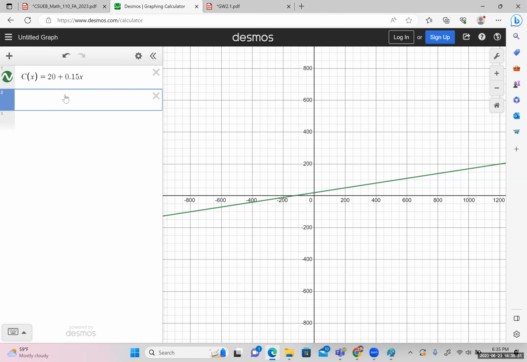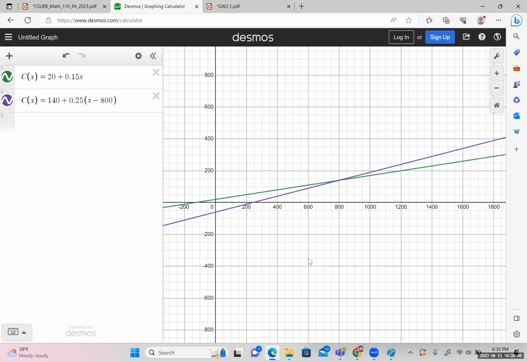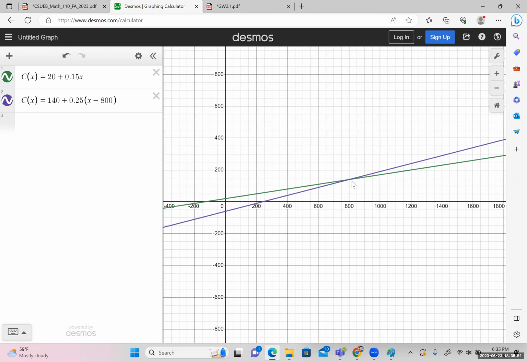Another piece you also use for the cost is going to be equal to 140 plus 0.25 times x minus 800. Okay, so you see that there are two lines that intersect here.